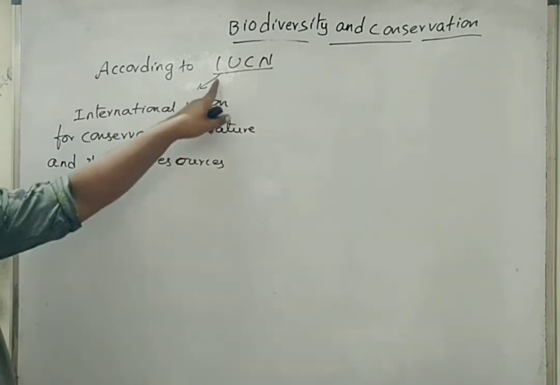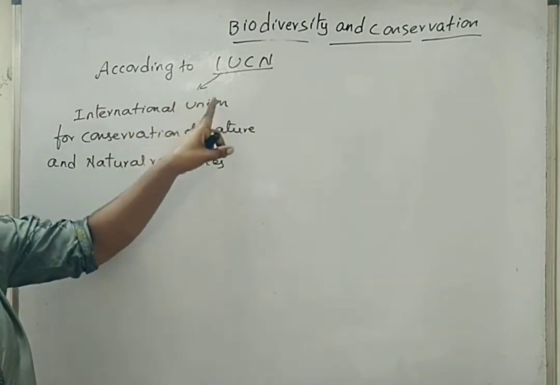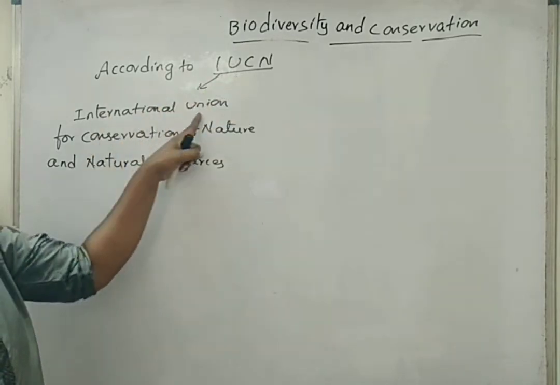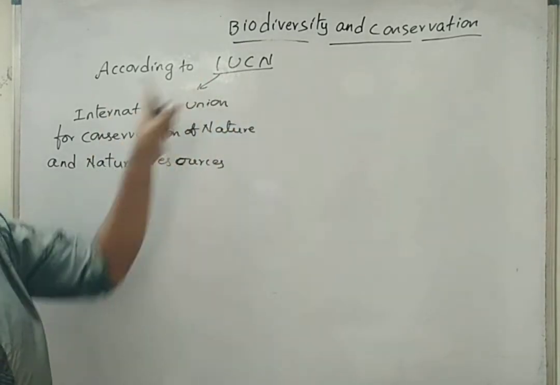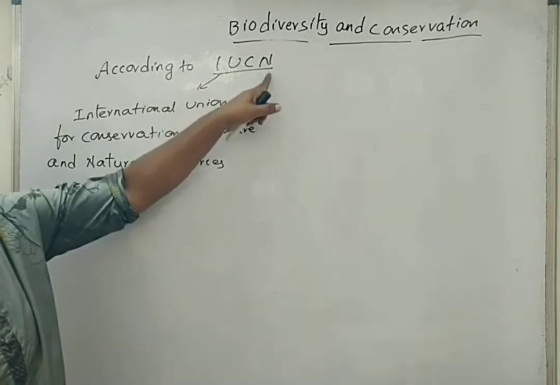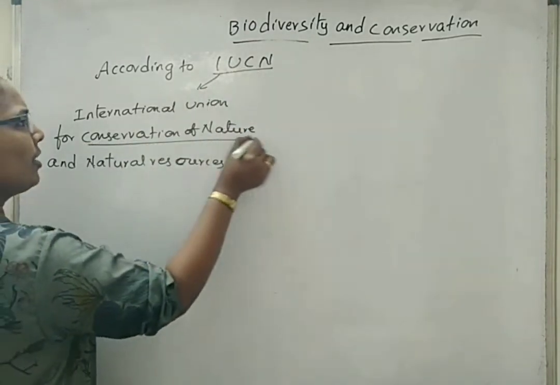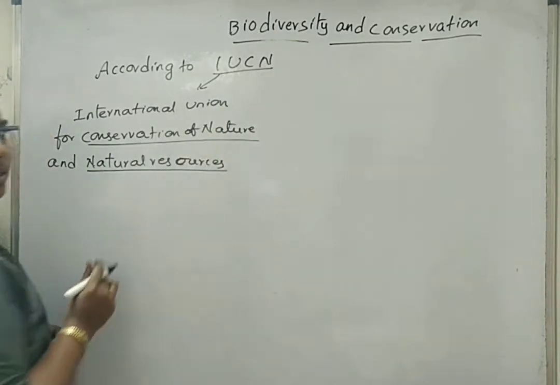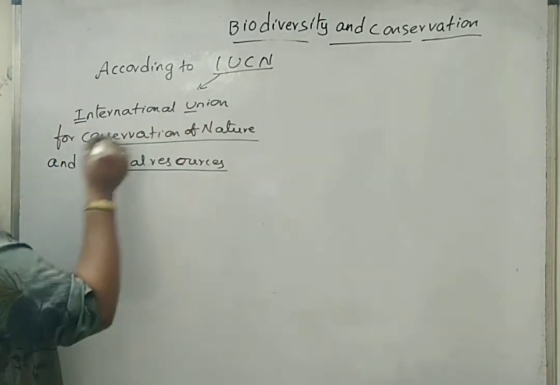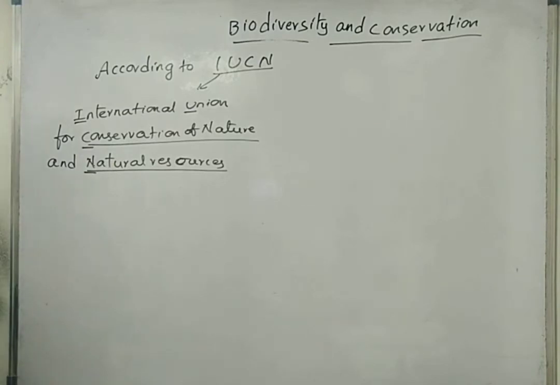Many students used to think that I refers to international. Up to there it is correct. U refers to union. That is also correct. But C is referring only to conservation and N for nature. No. C means conservation of nature. N means natural resources. Better remember these 4 alphabets.